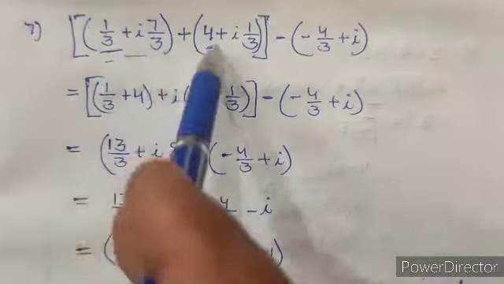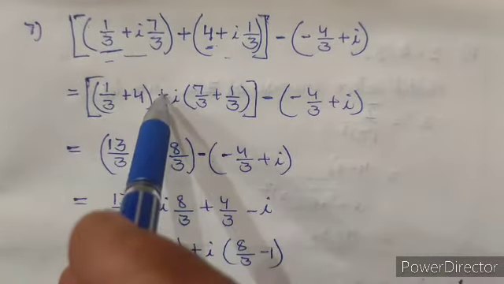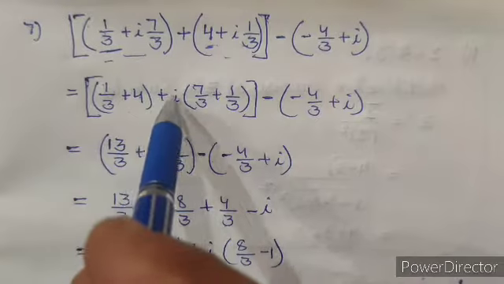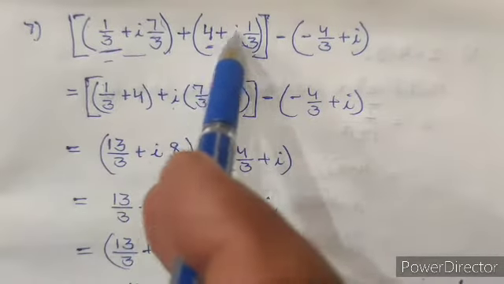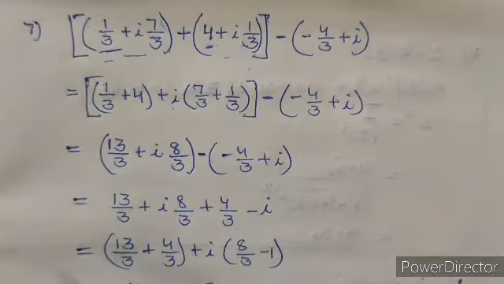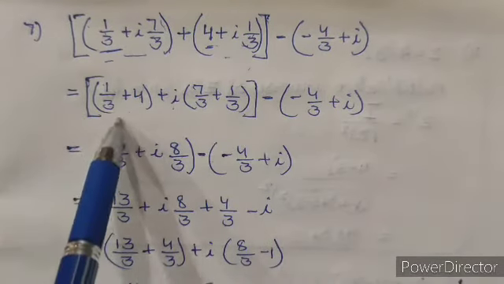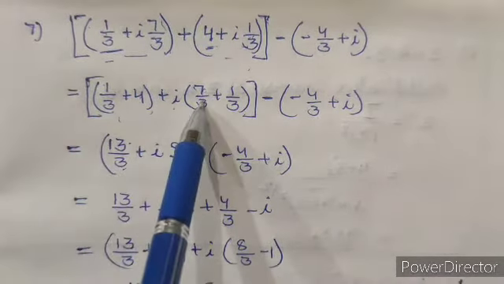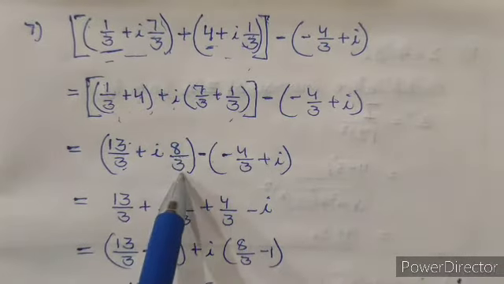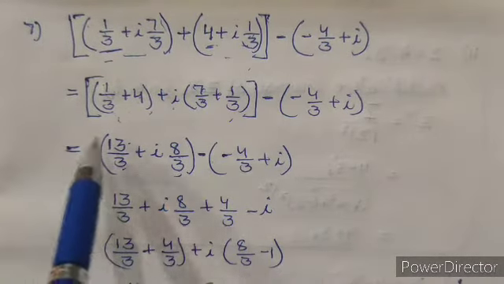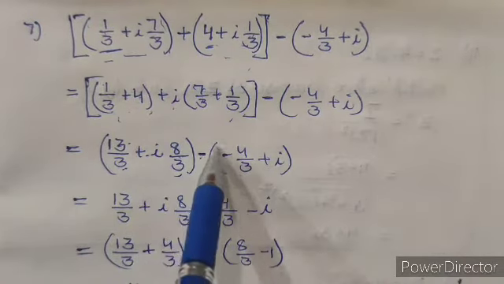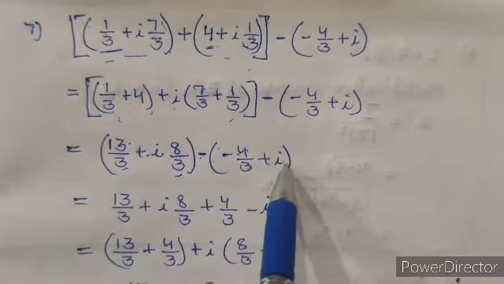So 1 upon 3 plus 4. Now plus in the imaginary part we will take i as common, and that will be plus i 7 by 3 plus 1 by 3. Now here 1 by 3 plus 4 will be equal to 13 by 3, and 7 by 3 plus 1 by 3 will be 8 by 3. So that will be equal to 13 by 3 plus i 8 by 3 minus 4 by 3 plus i.